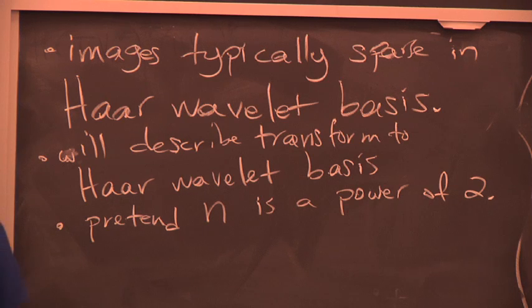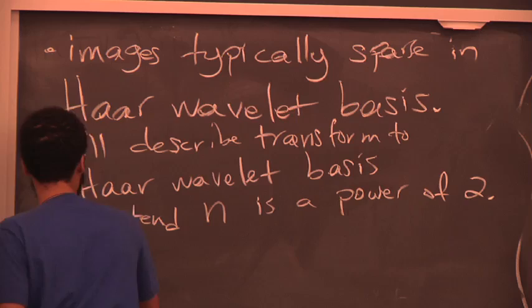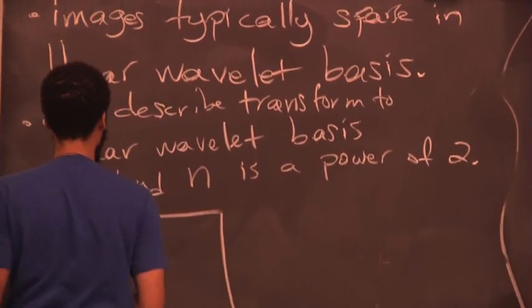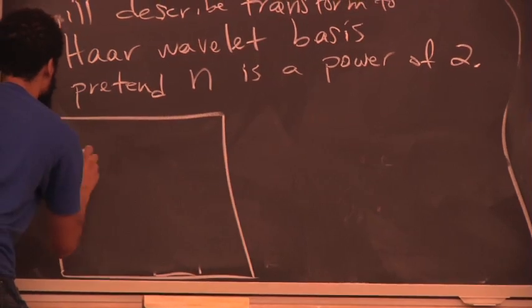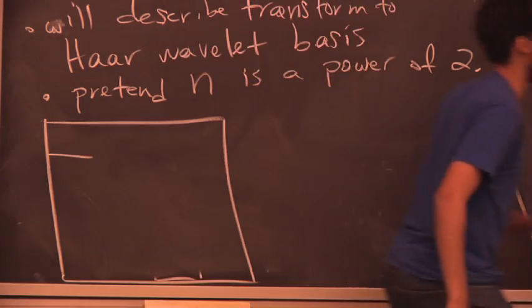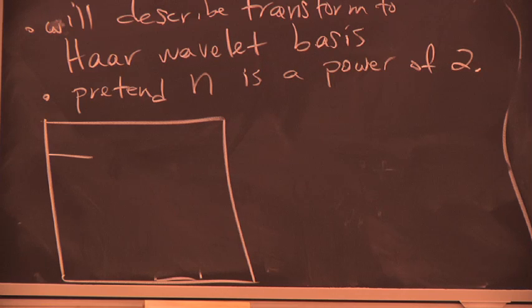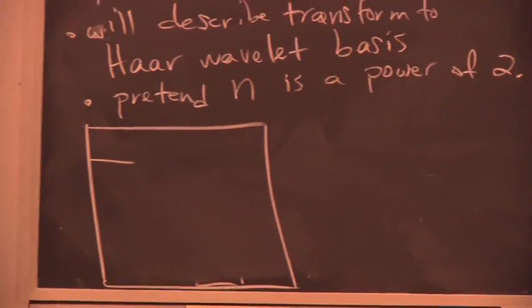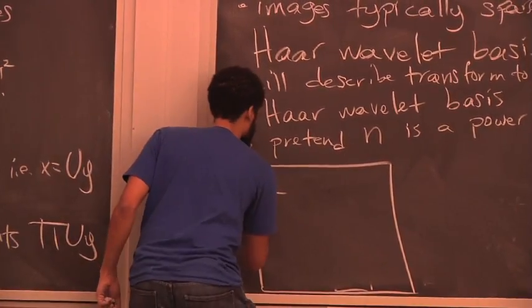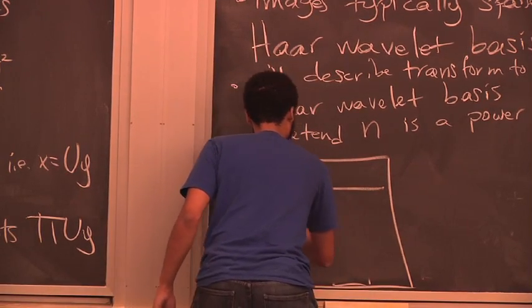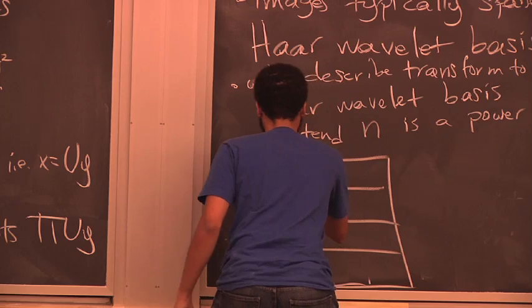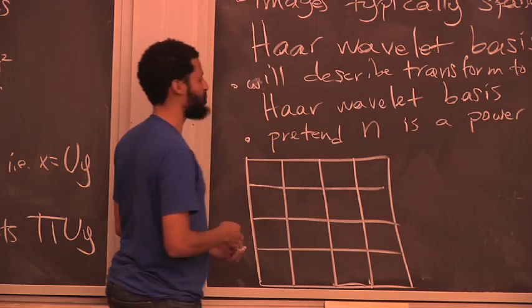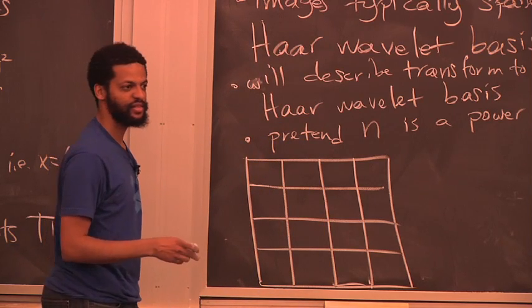Here I wrote the image as a bunch of pixels, and what I'm going to do is group the pixels into 2 by 2 blocks.